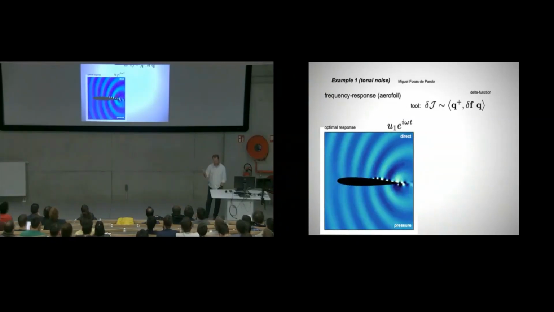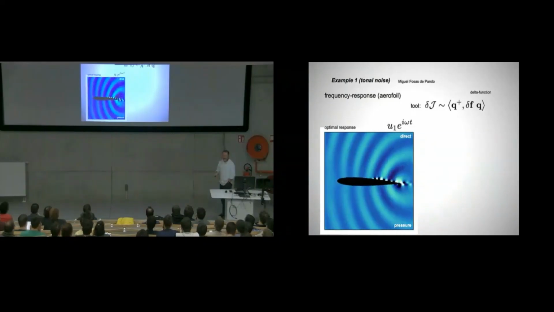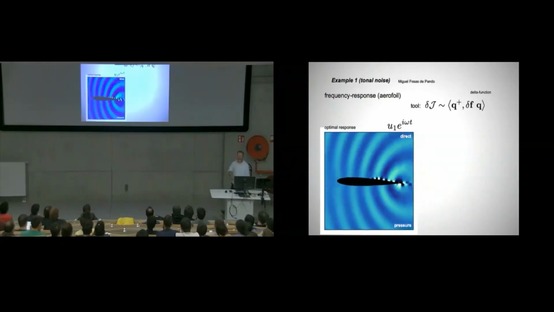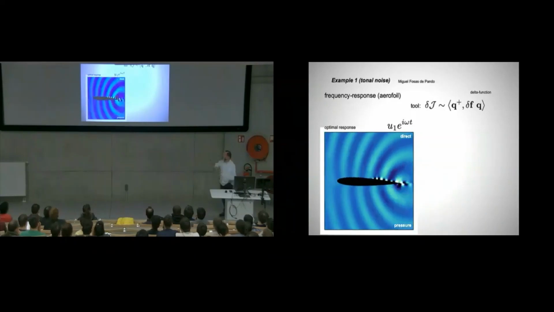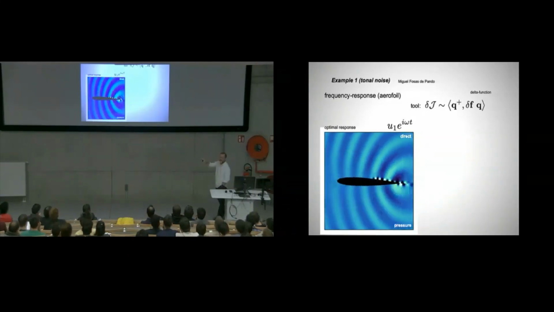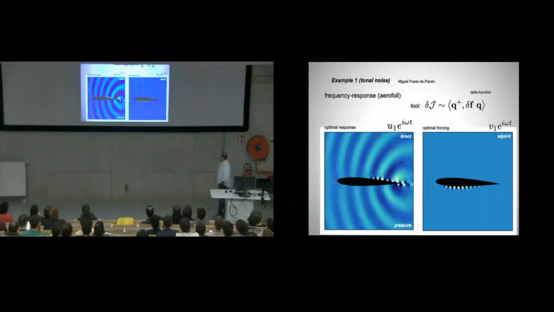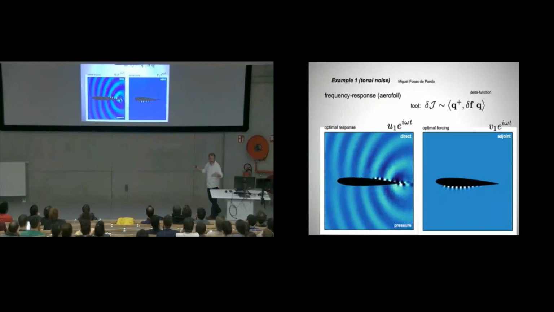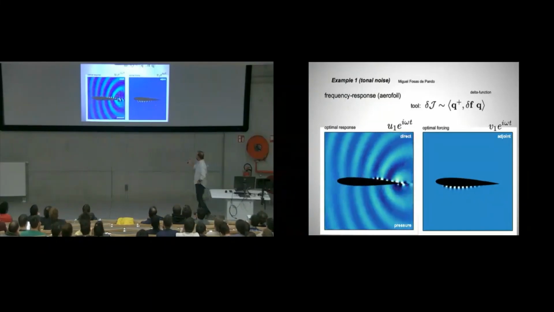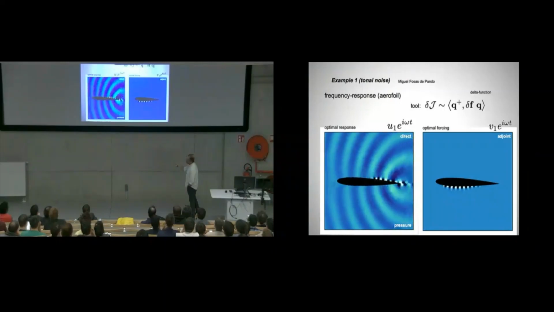Where should I place something? The regular stability analysis has nothing to say about that. You have to actually go to the sensitivity information for this structure and see where its adjoint lives. Okay, and this is how the adjoint looks like. This is it goes backwards in time, as I said. Okay, so this is the sensitivity information for this mode.